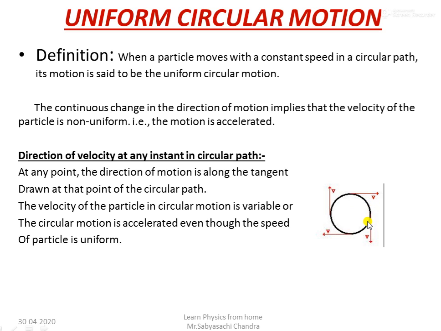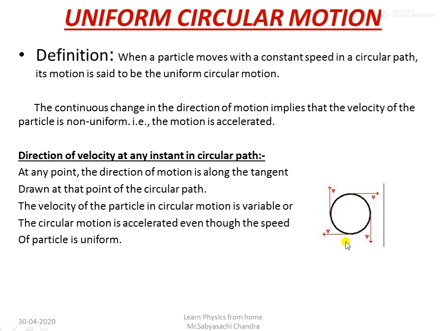That means its velocity is not constant. This is written here. The continuous change in the direction of motion implies that velocity of the particle is not uniform. That means the motion is accelerated motion. Okay.